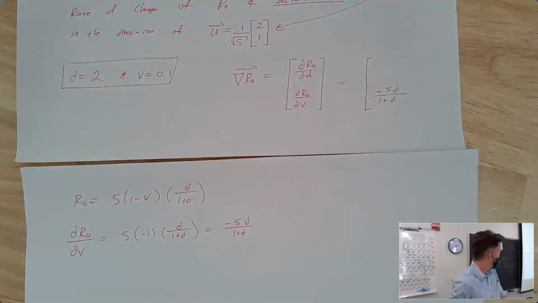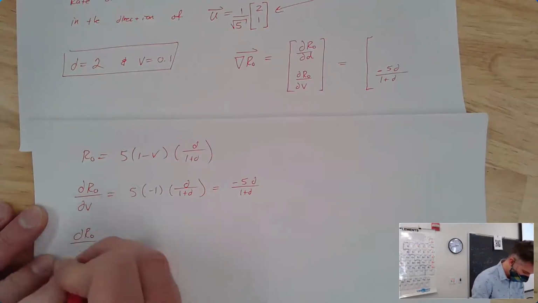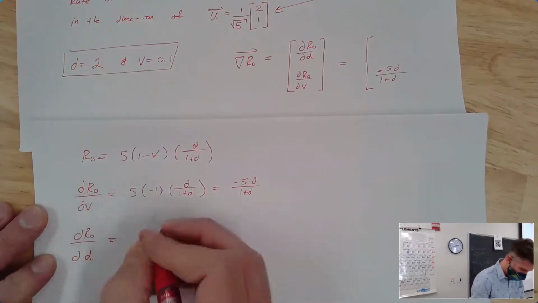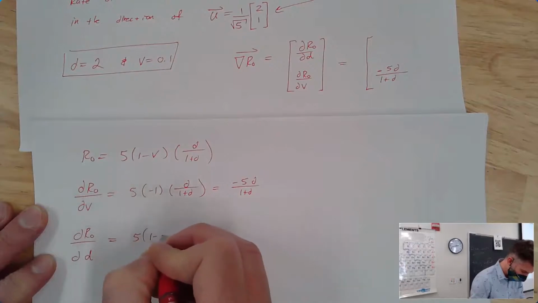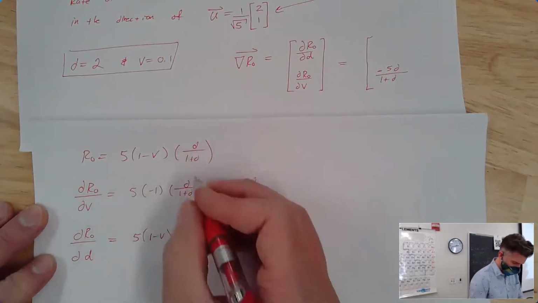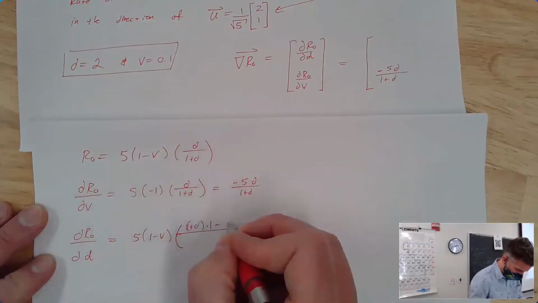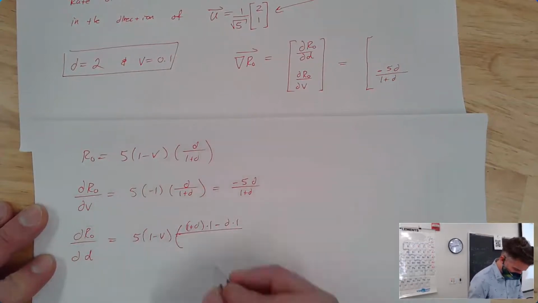The partial with respect to D is a little bit uglier, so we're going to have to use the quotient rule. So the constant 5 times 1 minus V hangs out, and we're going to multiply by the quotient: the bottom times the derivative of the top minus the top times the derivative of the bottom, over the bottom squared.